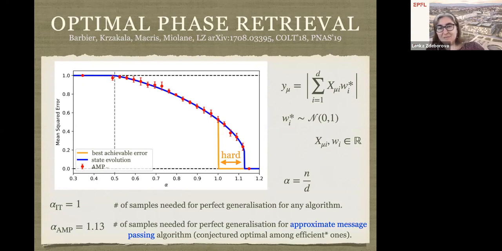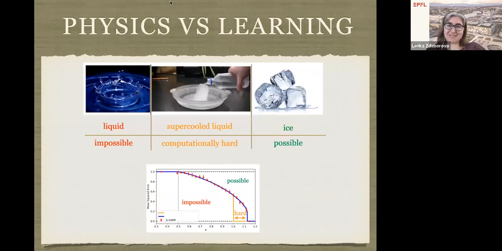But this is just a kind of physical interpretation of where this hard phase comes from. It's actually pretty much the same mechanism by which you can supercool water and keep it under 0 degrees Celsius still in the liquid state. That's maybe just a bit of physics.